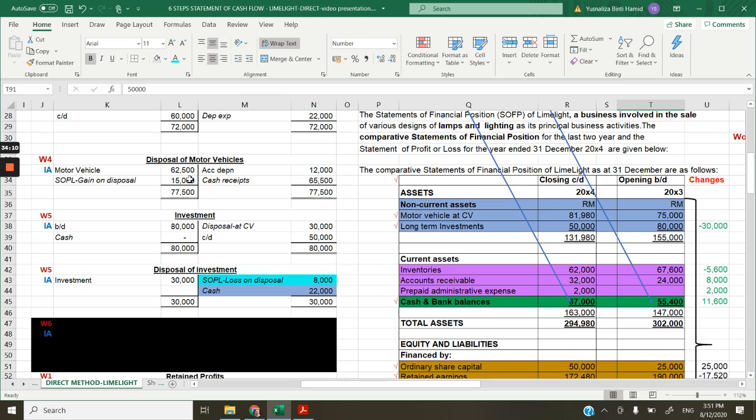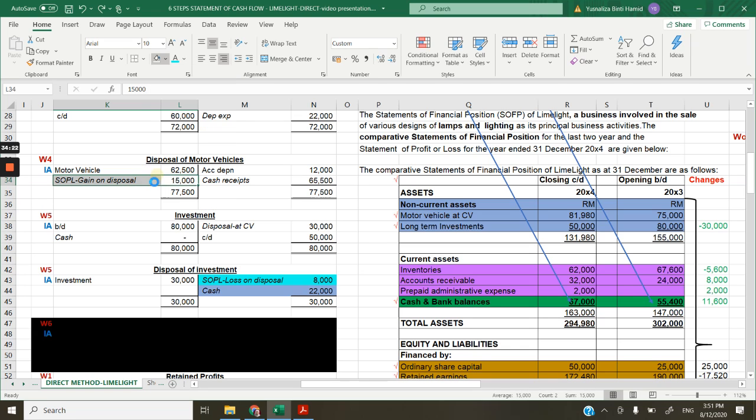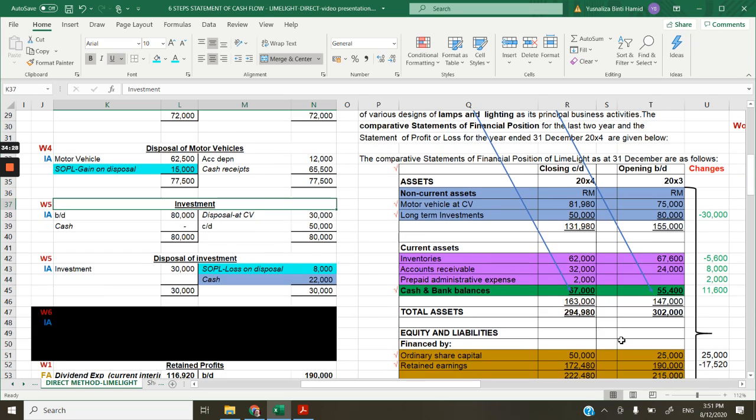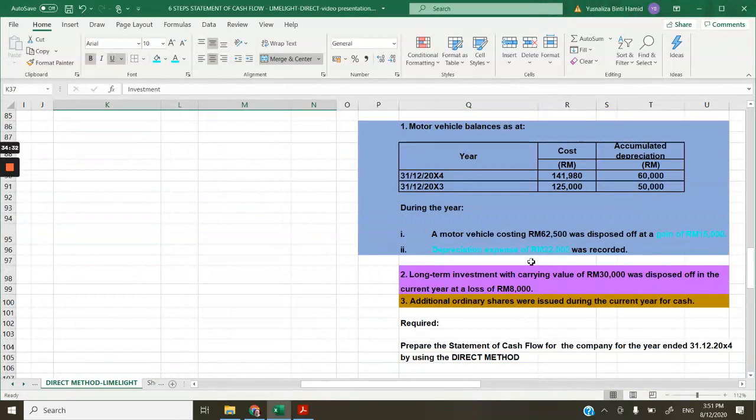And then I put the gain that was given. Gain is given in the question. So the question information on gain is given. And the gain, right, is a non-cash item. At the same time, the question just now in the information also gives you the depreciation of 22.